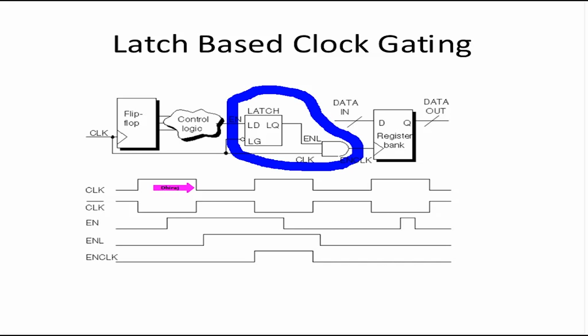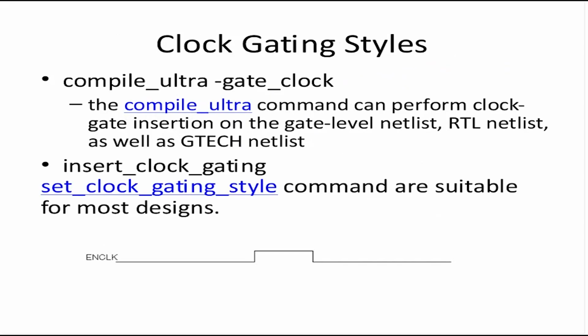So there will be only one standard cell internally which has a latch and an AND gate, and it will have inputs like clock, enable, and an output, right? And some inputs and outputs for scanning. This type of cell is called an ICG, integrated clock gating cell. That's what we are talking about here.